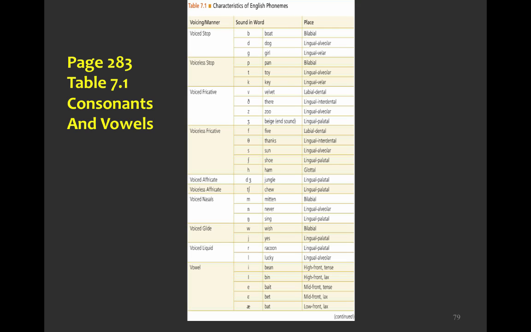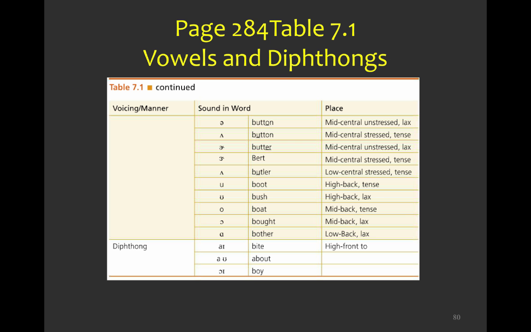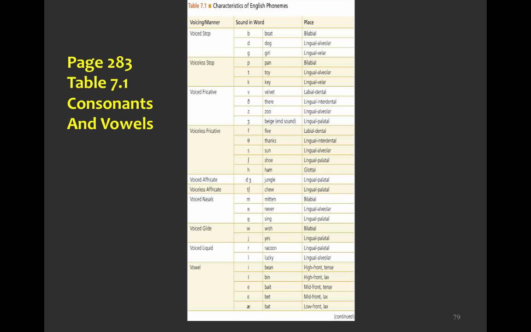Let's look at this table from the book, and it is on pages 283 and 284. This table shows all of the English phonemes, which are categorized into categories of consonants, vowels, and diphthongs. And here is the definition of diphthong.